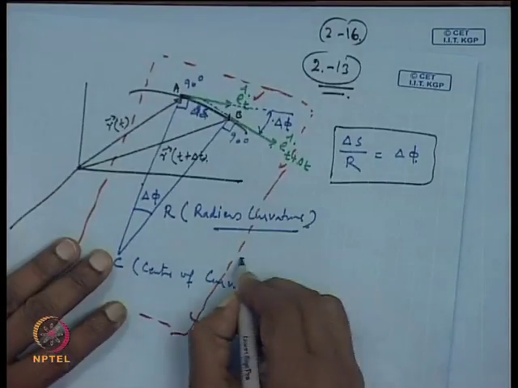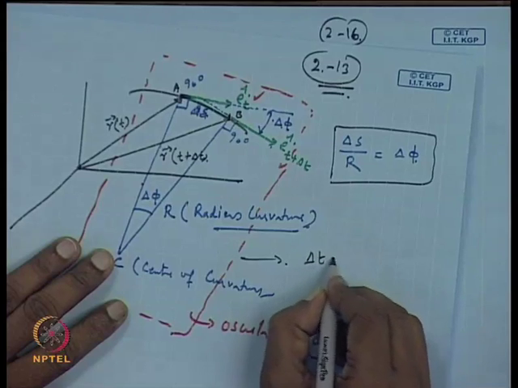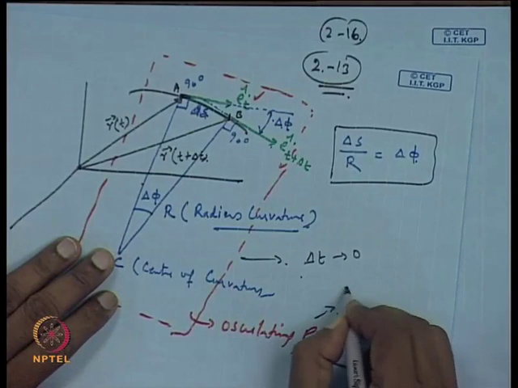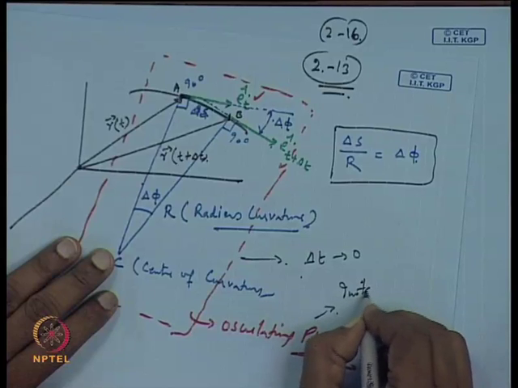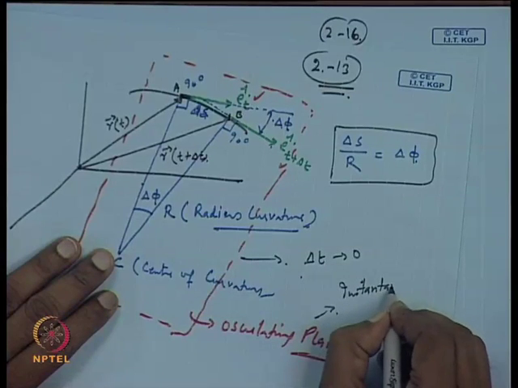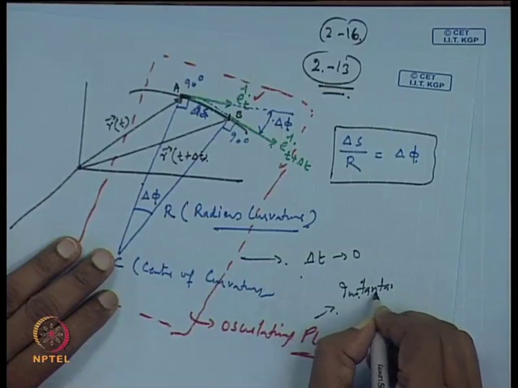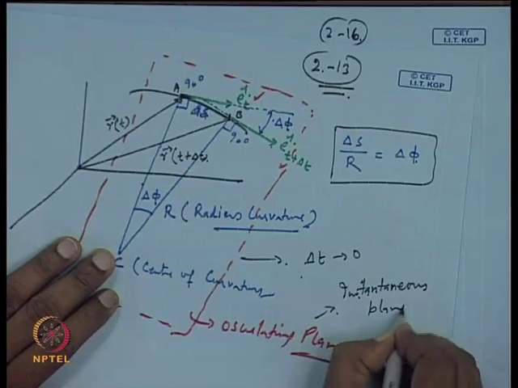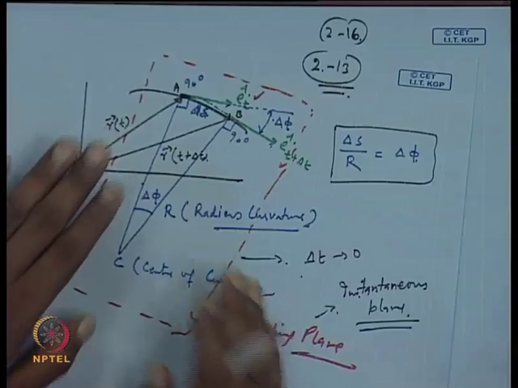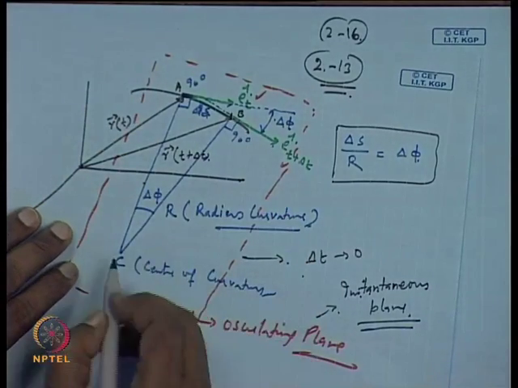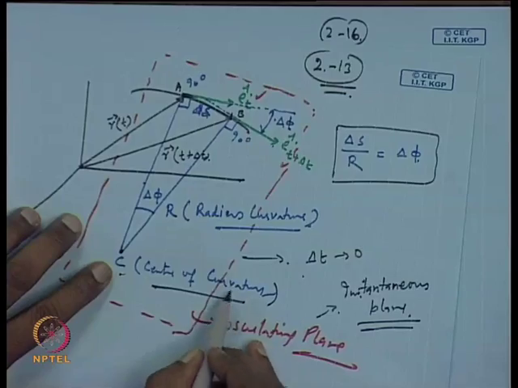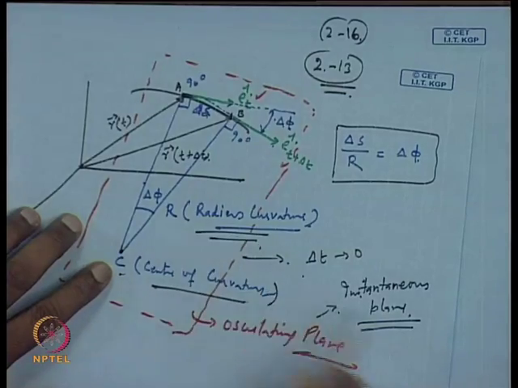As delta t tends to 0, this is the osculating plane, basically an instantaneous plane. At every instant this plane is changing, and simultaneously the center of curvature and the radius of curvature will also be changing.